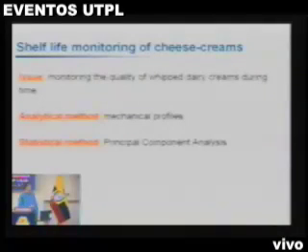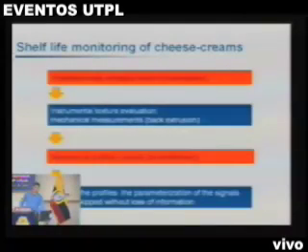The analytical method here was a rheological method. So we used the mechanical profiles of these samples, and we used principal component analysis. Now, we have these mascarpone samples. For each sample, we get a mechanical profile that describes the mechanical properties of the sample.